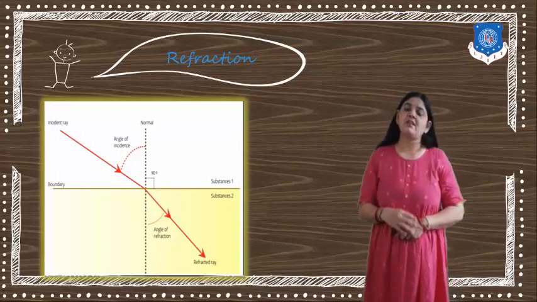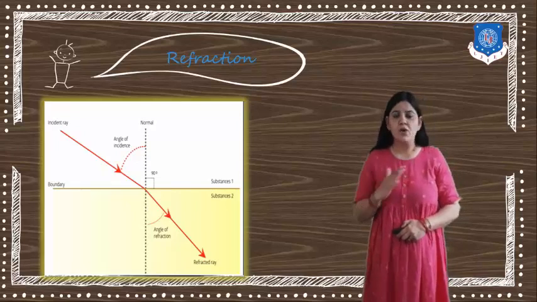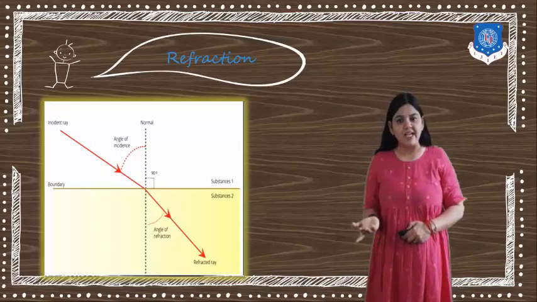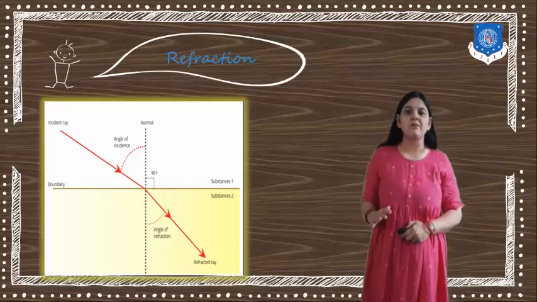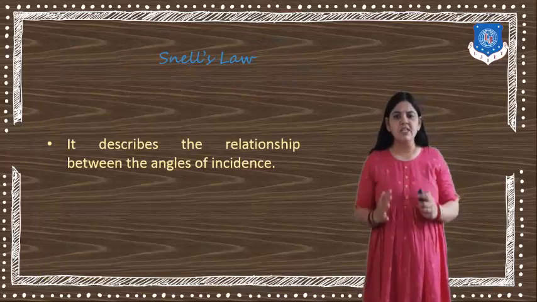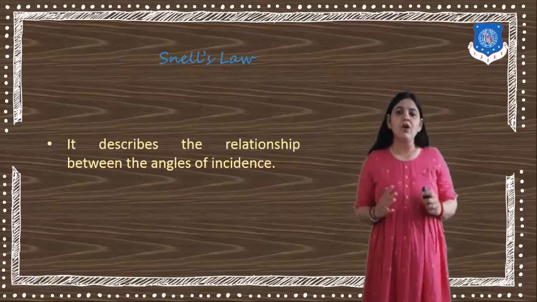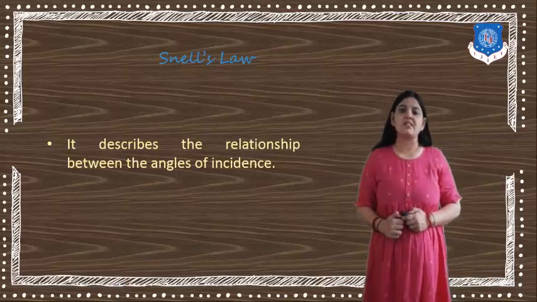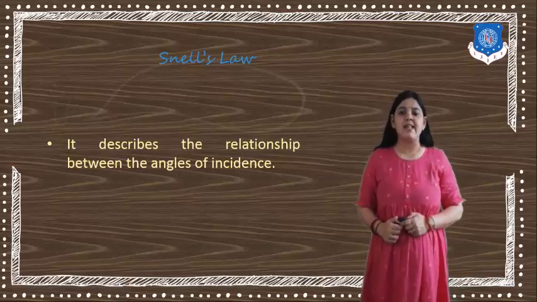This way refraction occurs when the medium is not the same, and reflection occurs when the medium is the same. Now the relationship between the angles of incidence is described by the law referred to as Snell's law.